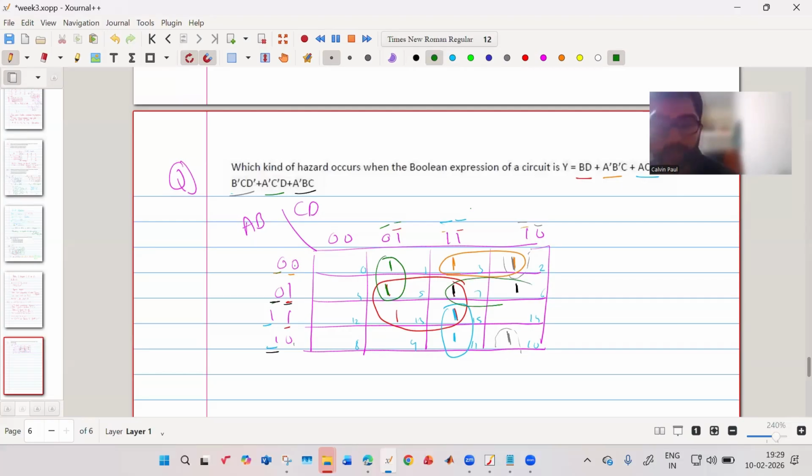Okay. Sorry, that's black. So which hazard do you think could be possible in such a circuit?